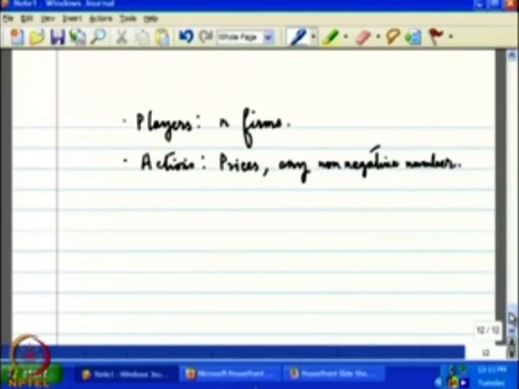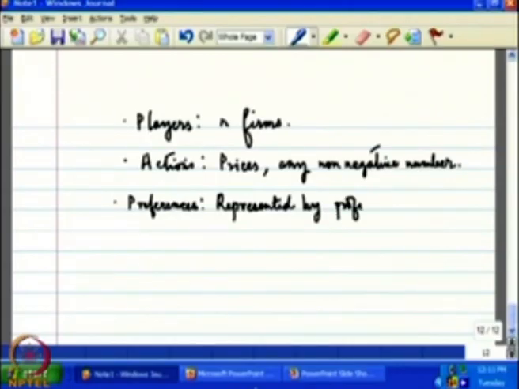It can be 0 also, hypothetically. And finally, preferences. So, preferences are represented by profit, and how do I represent that profit?